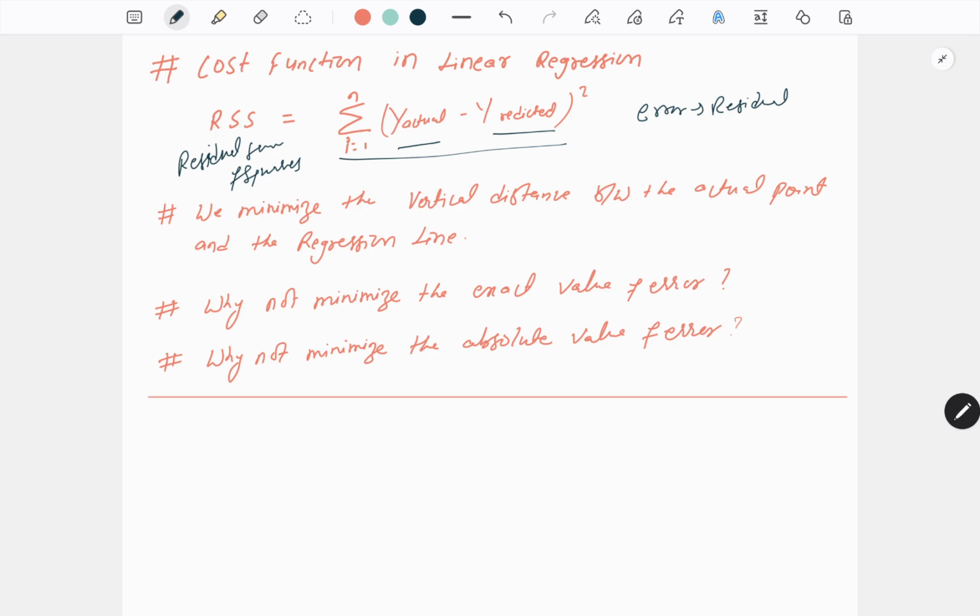We had also discussed why we minimize the vertical distance between the actual point and the regression line, and not the perpendicular distance.